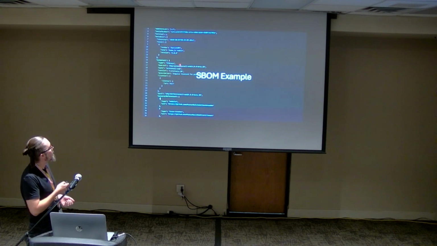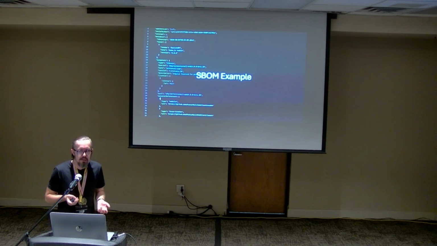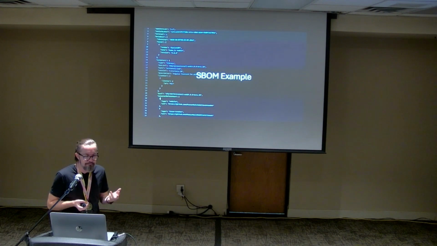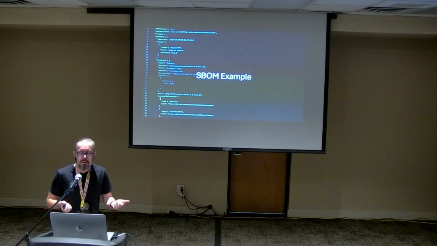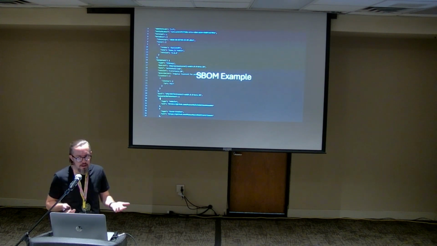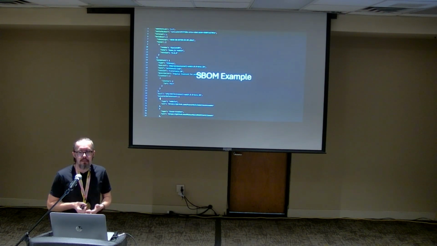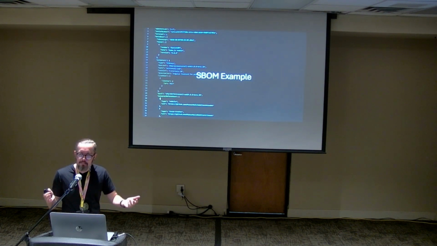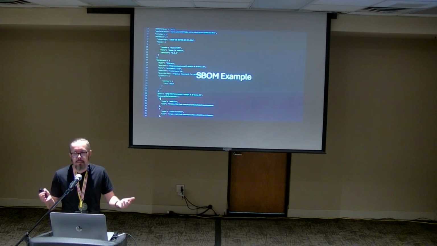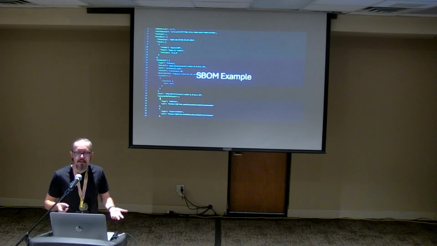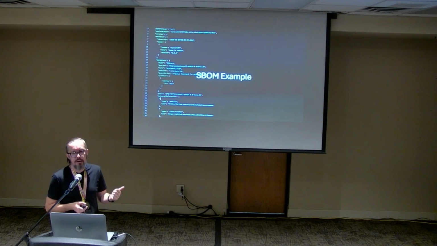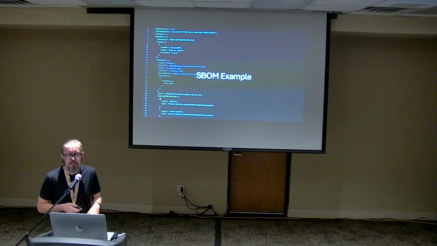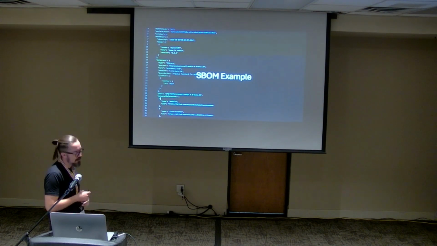And this one is an example for the Proton Mail user client. If you know what Proton Mail is, it's a secure mail service, and they are trying to be open, and they try to provide as much information as they can about what's going on inside their software. It's open source, so they also provide the bill of materials of all the packages they use. So you can look at this.